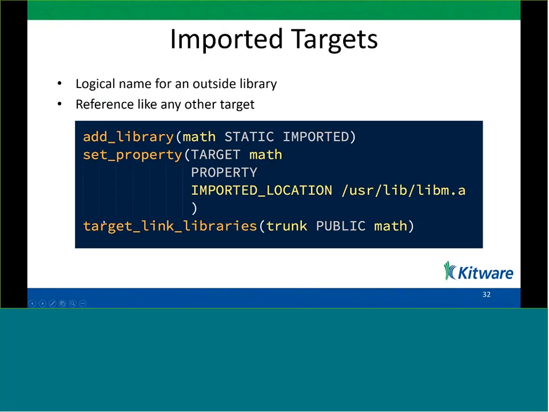And then down here I'm using that in trunk, I'm linking to math. So in this case, it looks like a regular CMake target. So it's really indistinguishable from something that was built in your system, which is not the way CMake used to be, but the way it is now.